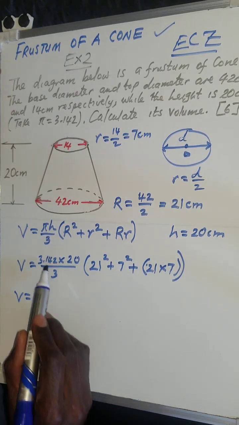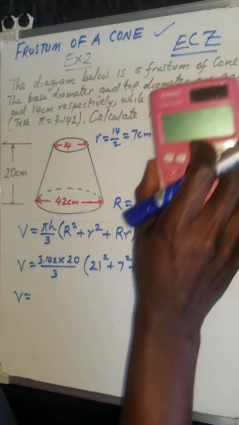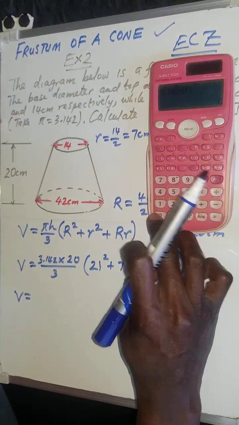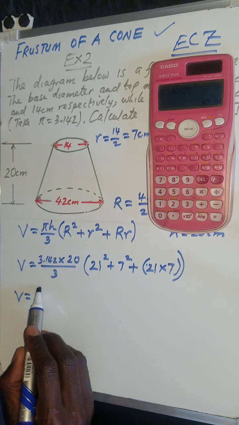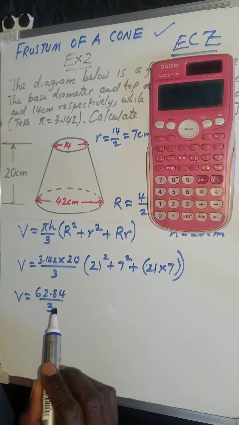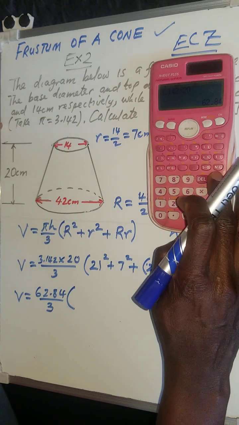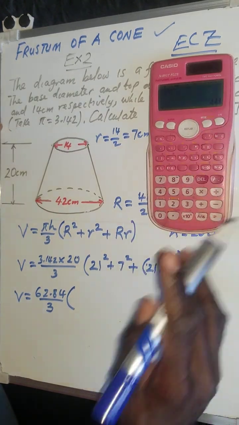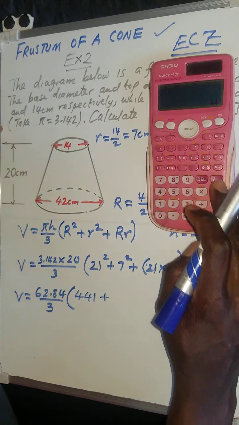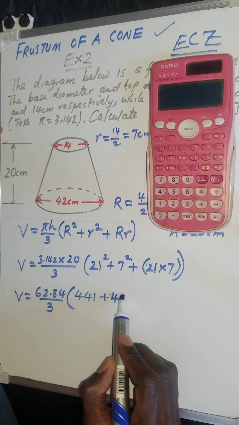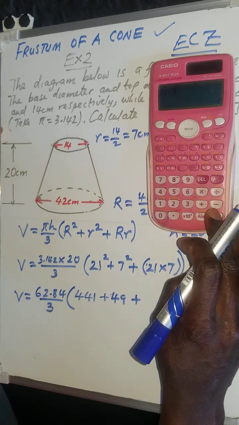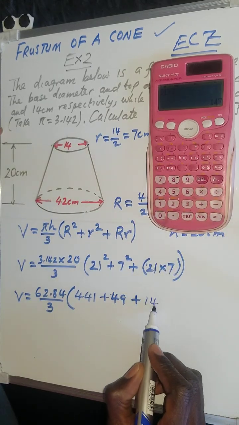If you put it on your calculator, 3.142 times 20 gives me 62.84 divided by 3, open bracket. What is 21 squared? It is giving me 441 plus, and what is 7 squared? That gives us 49 plus, and 21 times 7, that gives us 147.